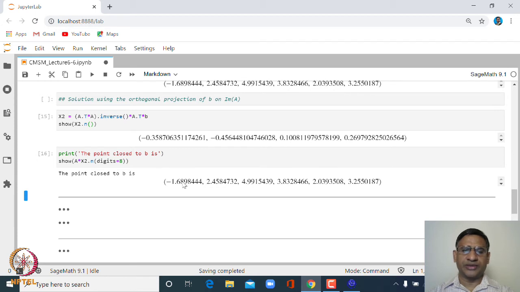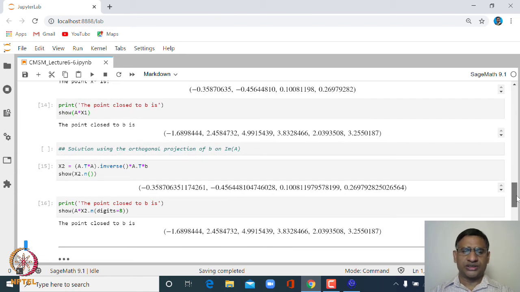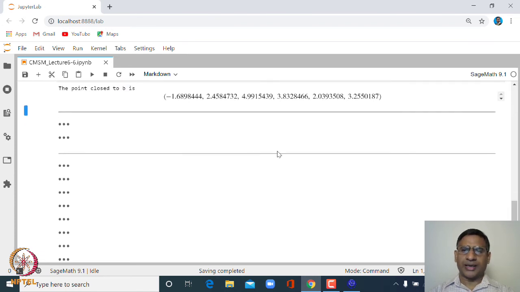So we have seen that the orthogonal projection of B onto the subspace W, which is the image space of the column vectors of a basis of W, is given by A times the inverse of A transpose A times A transpose B, and that is what we have got. So the least square solution can be thought of as an application of this orthogonal projection, and as an application of linear algebra.